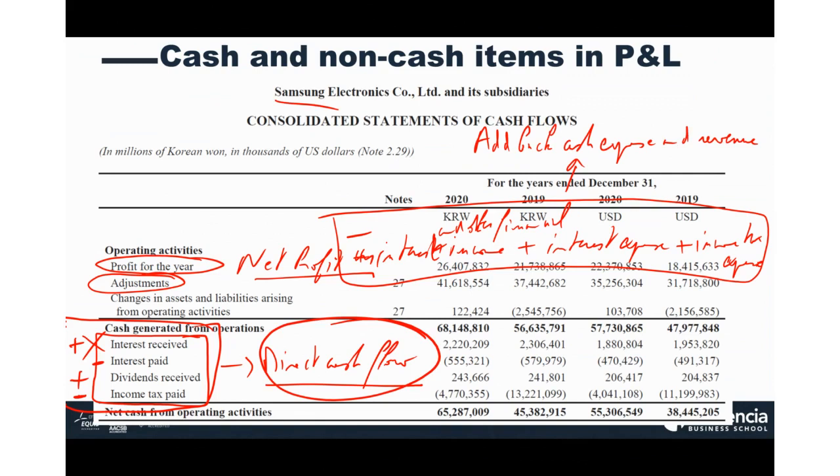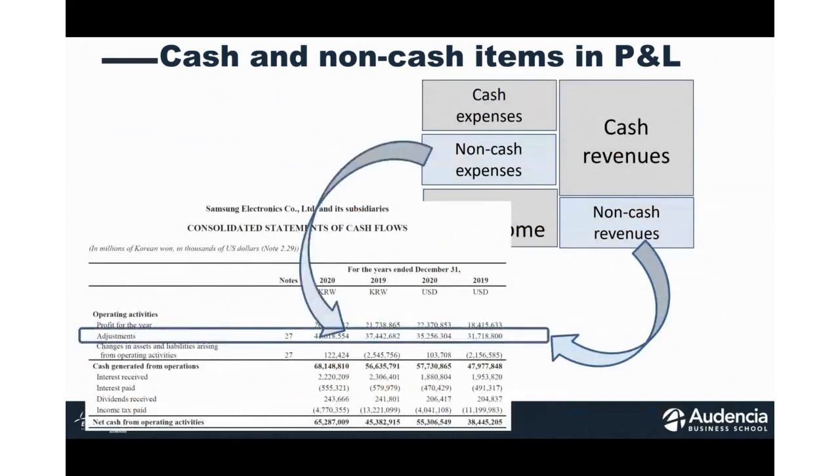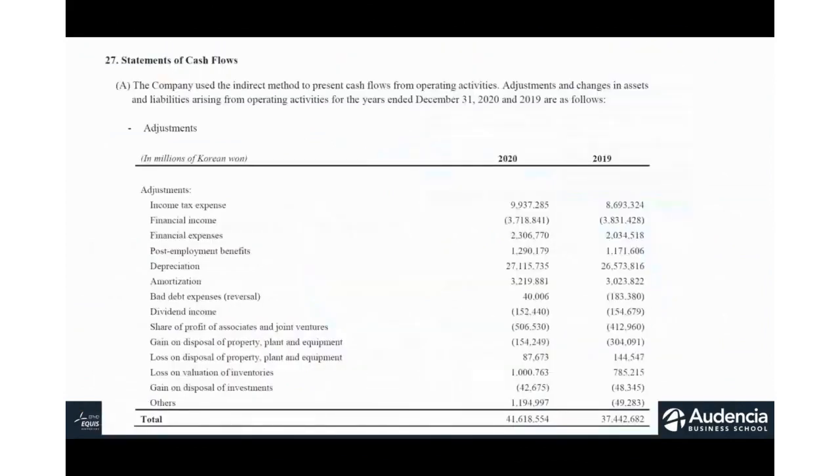So as you can see, in the adjustments, I eliminate the income tax expense. I eliminate the financial income. In the financial income, I have the interest due to the company plus the dividends due to the company.